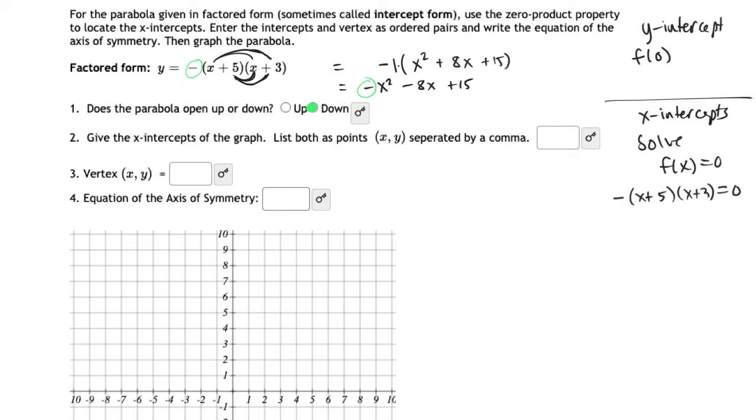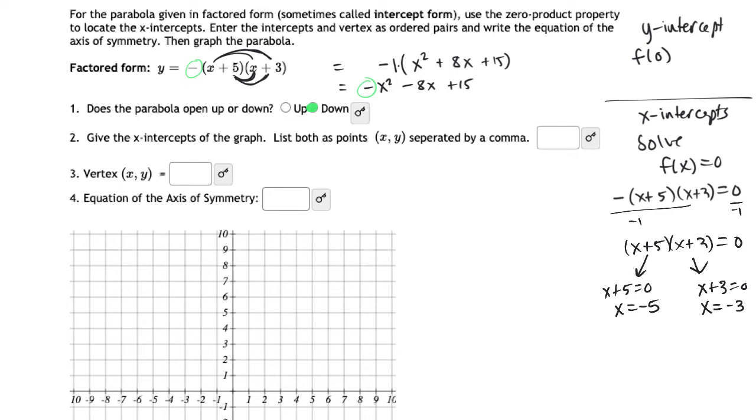We can divide everything by negative 1 here. And then we'd get x plus 5 times x plus 3 equals 0. That happens when x plus 5 is equal to 0, and also when x plus 3 equals 0, using the zero product property. So this happens when x equals negative 5 and x equals negative 3.